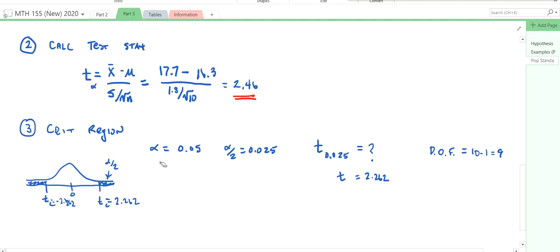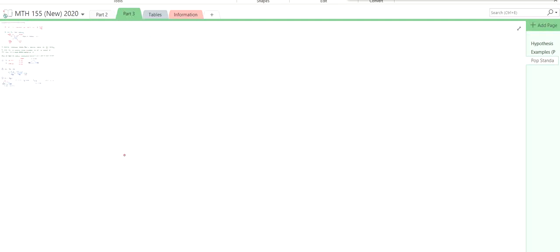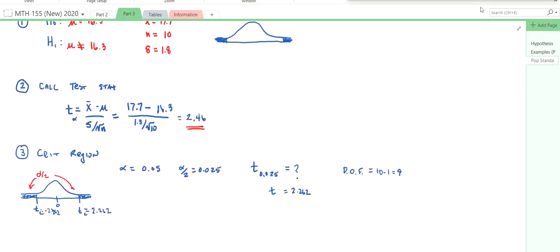I'm going to erase this alpha over 2 and put it over here. Alpha over 2. Had a zooming error there. I fixed it.